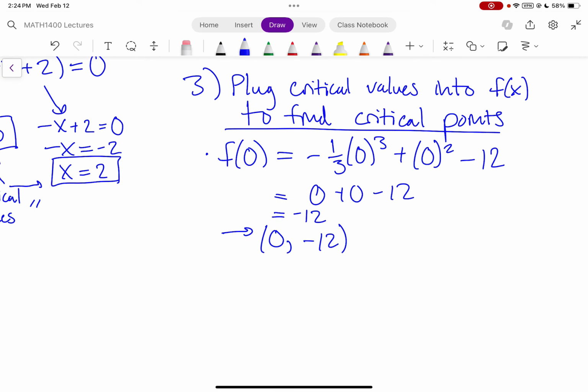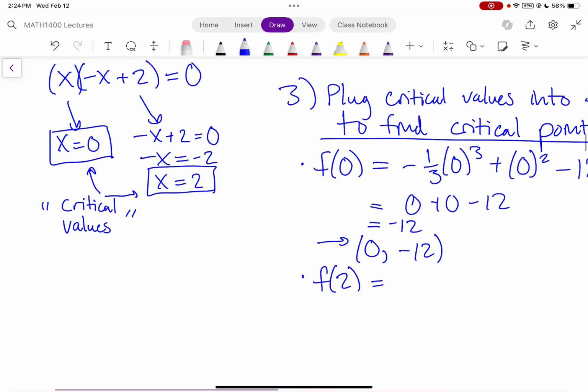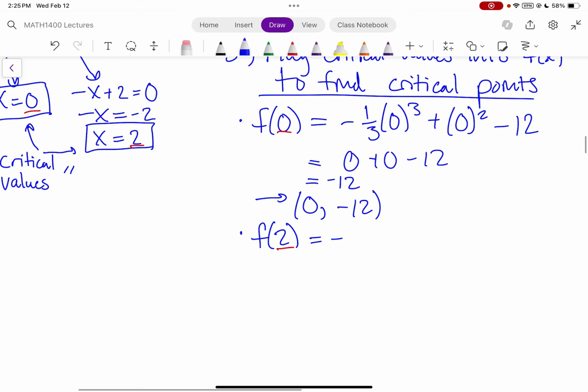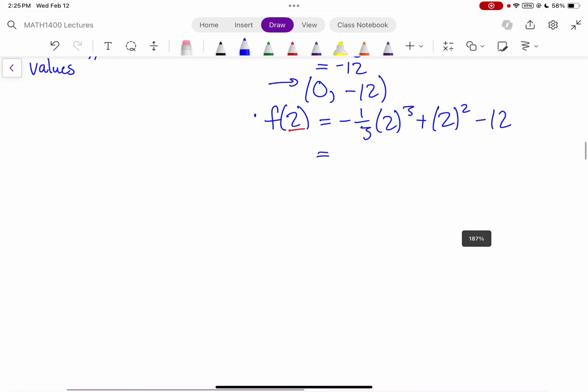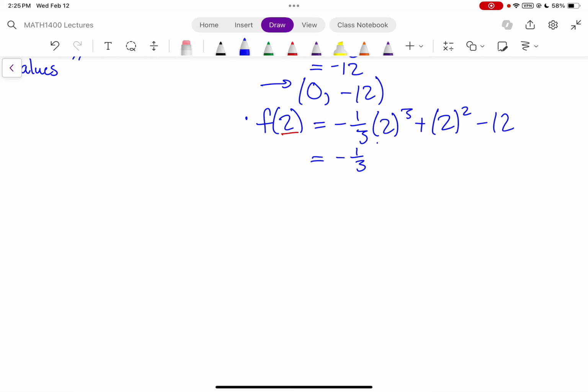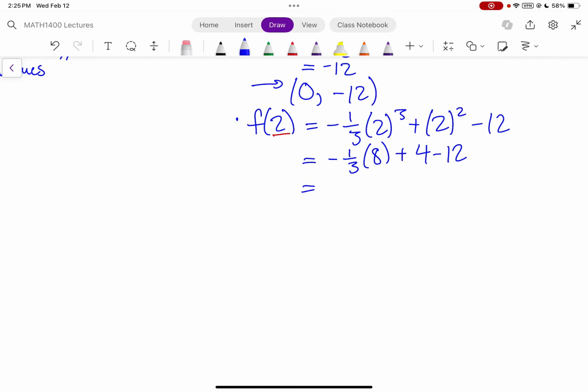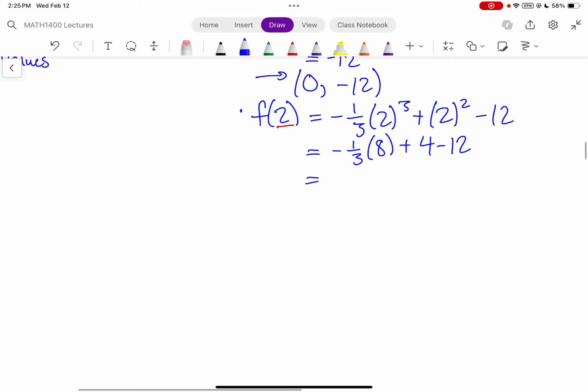And then our other one is at 2. This 0 and this 2 are our critical values. So I'm going to plug that in. Negative 1/3 times 2 cubed plus 2 squared minus 12. So this is going to be negative 1/3 times 8 plus 4 minus 12. Let's do this math fast in my head.